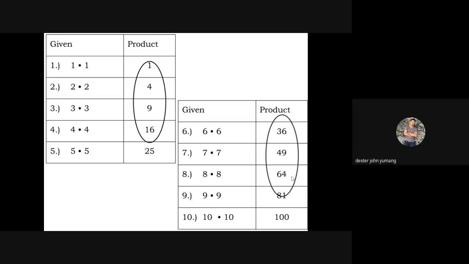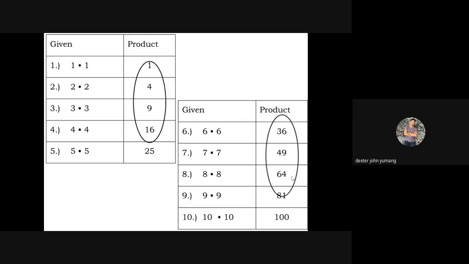So square root of 1. Yung 1 kanina, square root daw natin. Ano ang sagot? 1 din po. Square root of 4. Anong sagot? That is 2. Square root of 9. Ano pong sagot? 3. Square root of 16. 4. Square root of 25. 5.